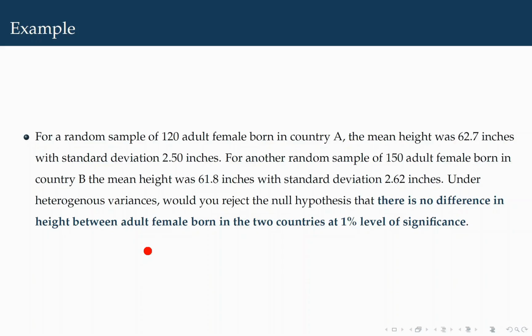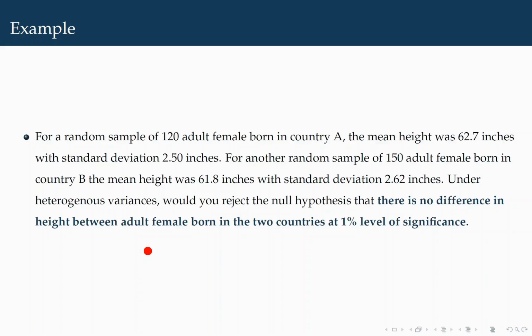For another random sample of 150 adult females born in country B, the mean height was 61.8 inches with standard deviation 2.62 inches. Under heterogeneous variances, would you reject the null hypothesis that there is no difference in the height between adult females born in the two countries at 1% level of significance?